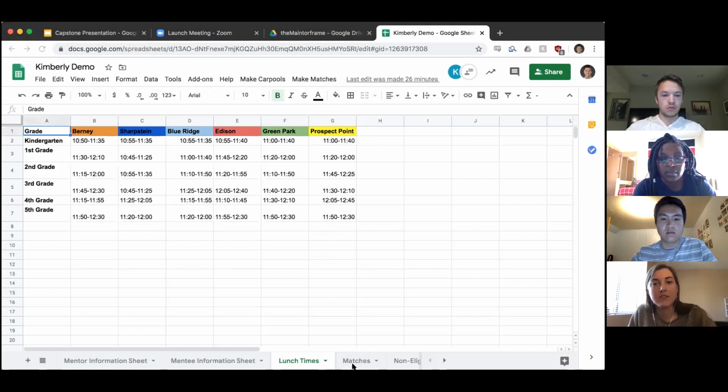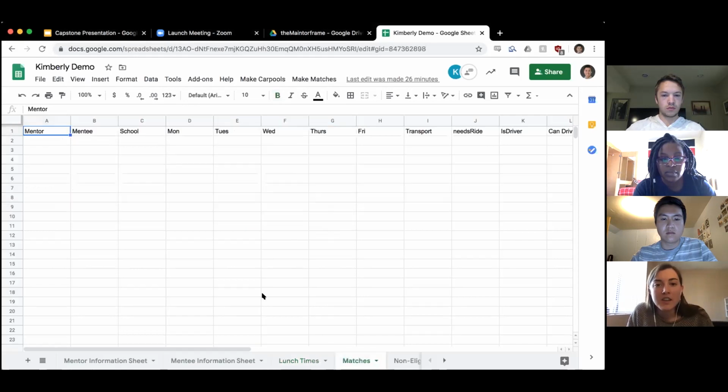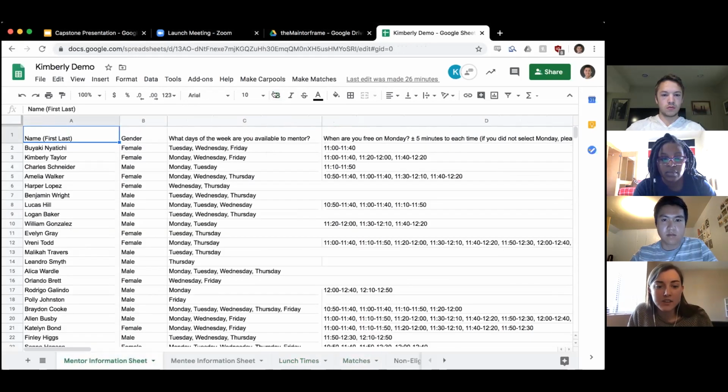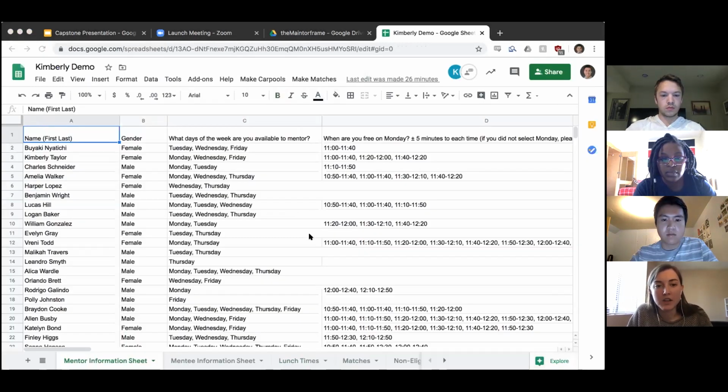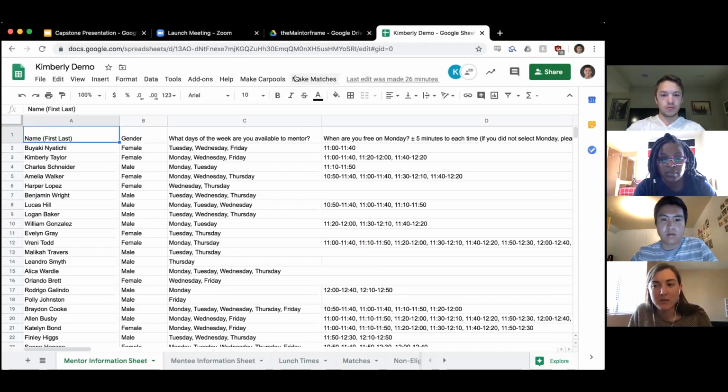Okay, and then press make matches up top. That runs the first part, which finds as many possible matches, the part that Robert and Charlie were explaining. So it'll run.